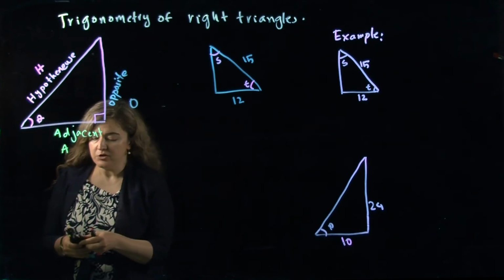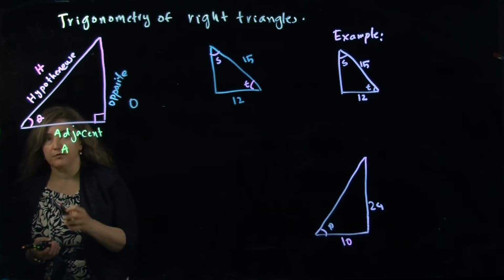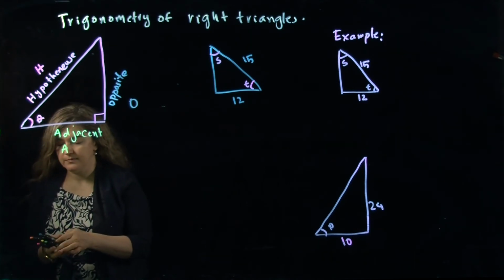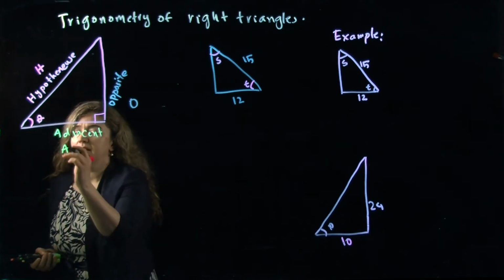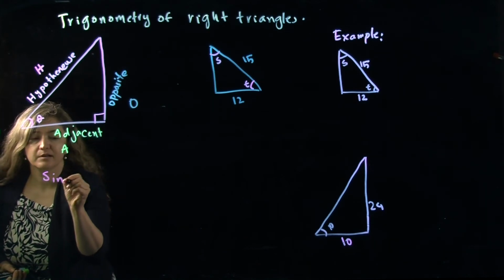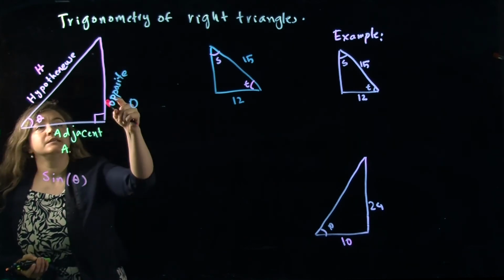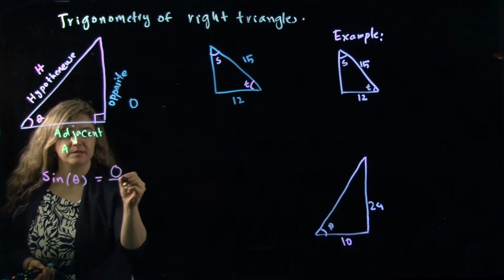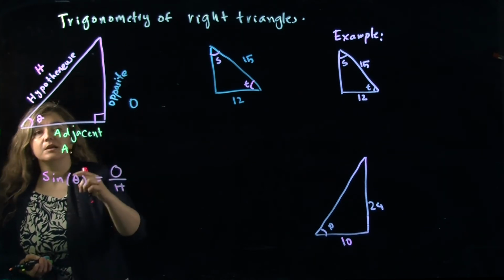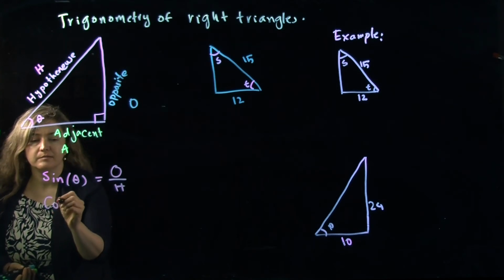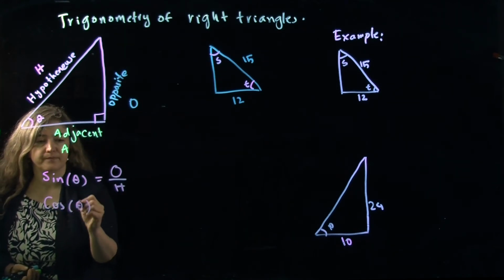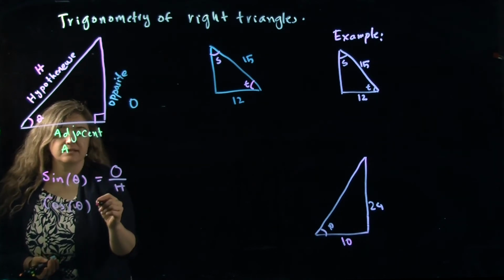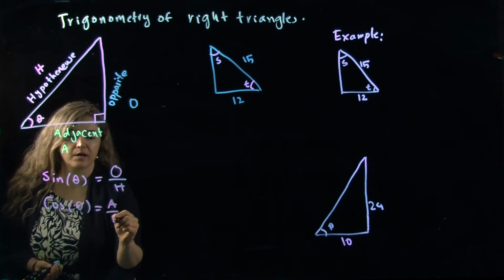Now, the trigonometric functions for this are as follows. Sine of theta is equal to opposite over hypotenuse. Cosine theta is equal to adjacent over hypotenuse.